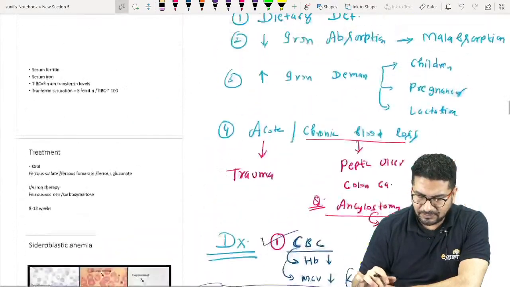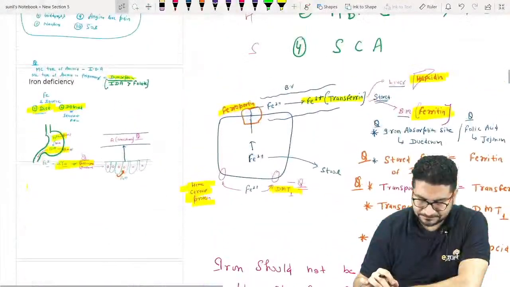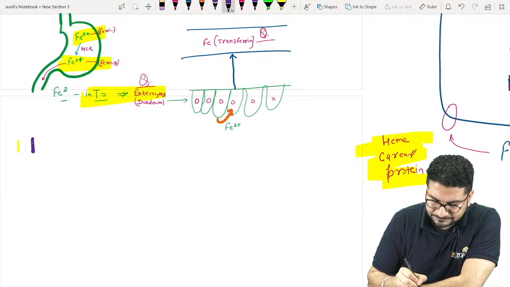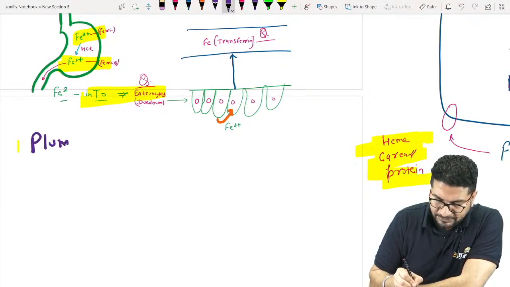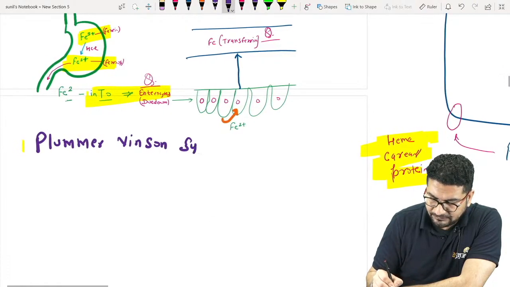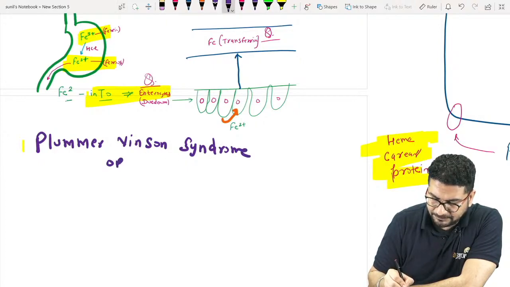Okay, now understand. There is a syndrome called Plummer-Vinson syndrome. This is important because they ask MCQ with the syndrome. We also call this Patterson-Brown-Kelly syndrome.